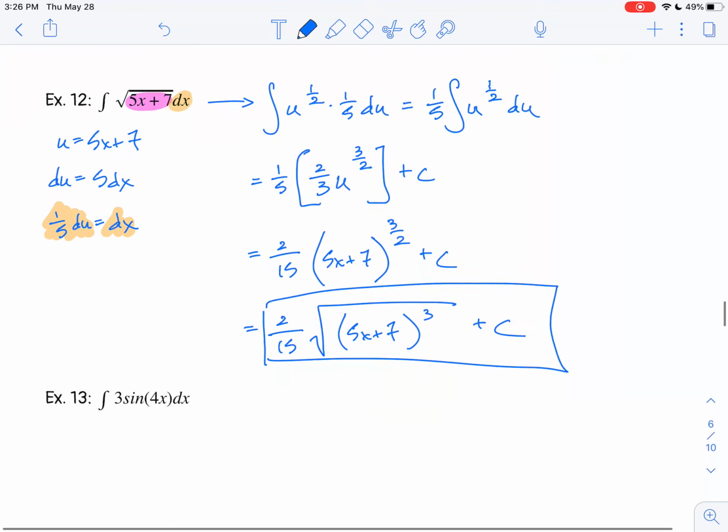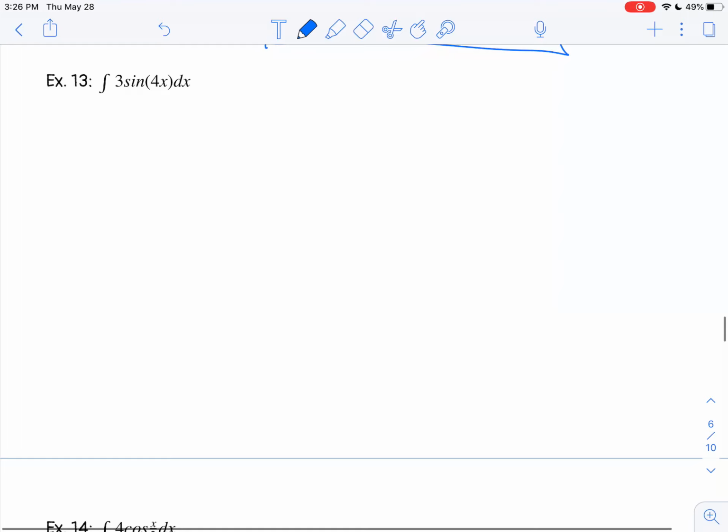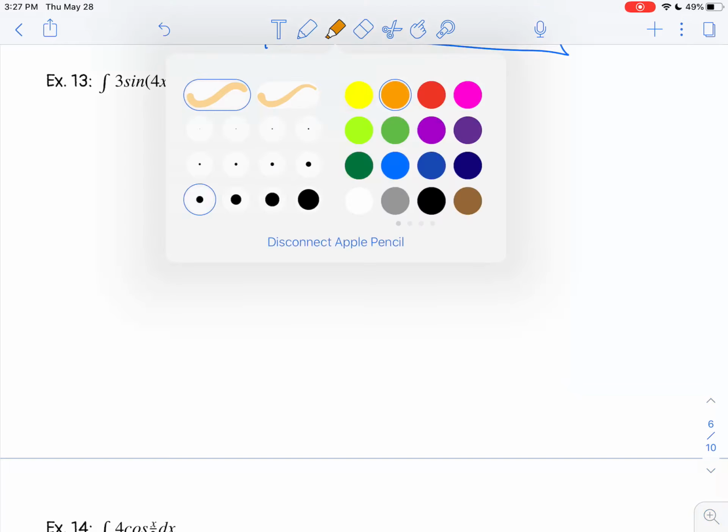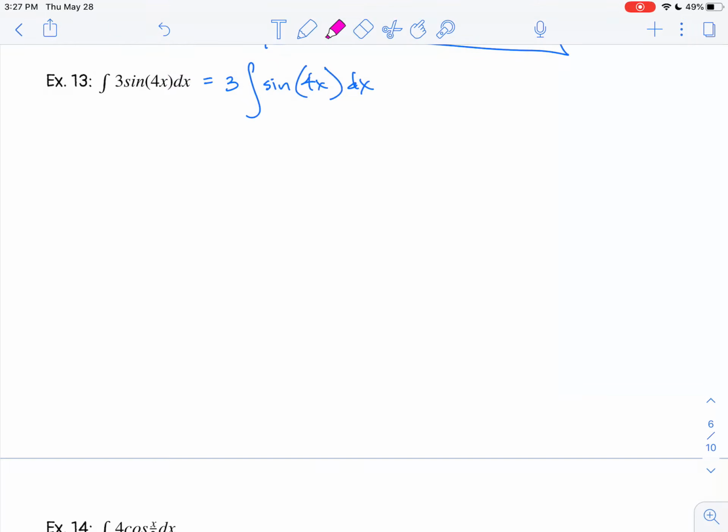All right, let's take a look at question number 13. Also very, very similar to number 11 and something that we're going to want to know how to do right away, okay? So without showing all the steps, here's what I want us to be able to do. I'm going to take the 3 out. So I have 3, the integral of sine of 4x. In my head, I know that my u is going to be 4x.